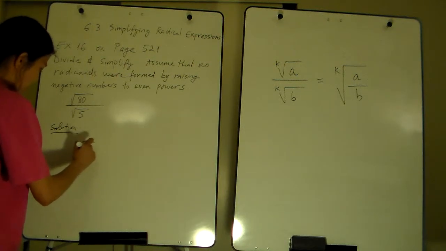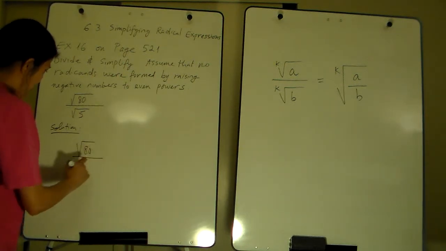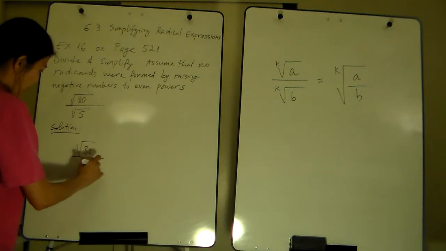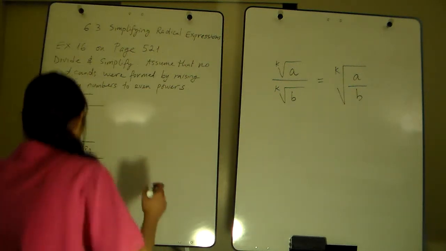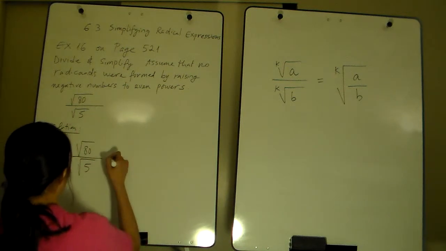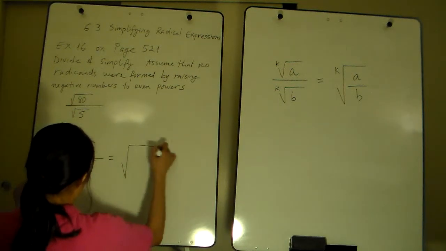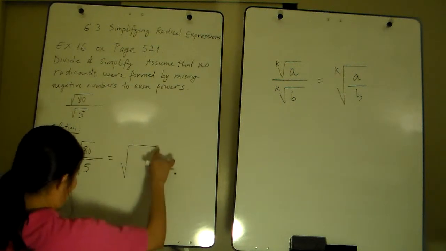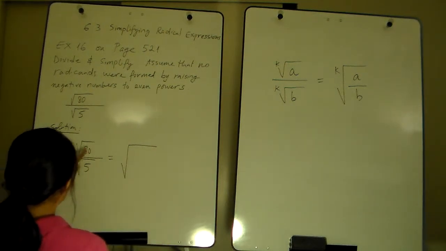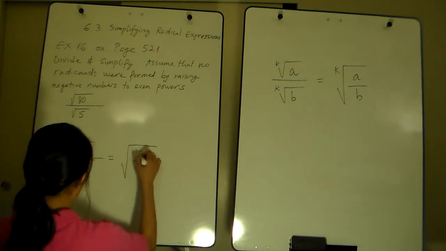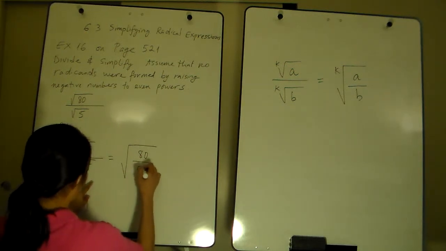So square root of 80 divided by square root of 5. Using the quotient rule for radicals, we're going to combine these two as one radical, same k root, which is 2, and then divide the radicands. Take 80 divided by 5.